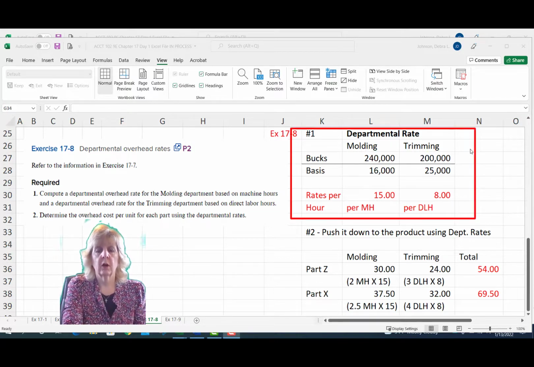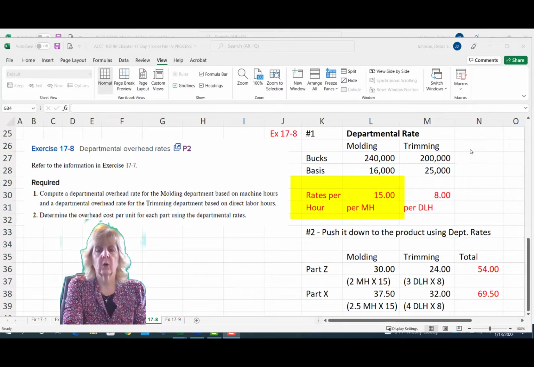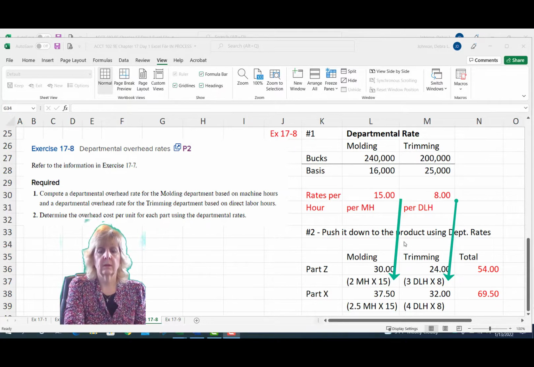The molding department was going to use a rate of $15 per machine hour to push the cost down to the products, and the trimming department would use a rate of $8 per direct labor hour to push down the cost to the units. So you'll see the same two parts, but this time instead of using one single rate, we have two different rates.